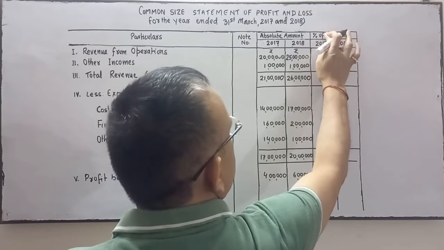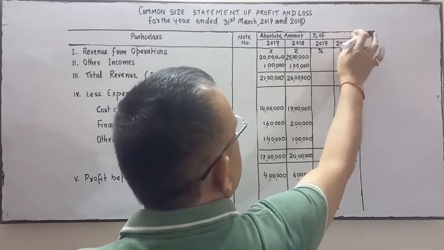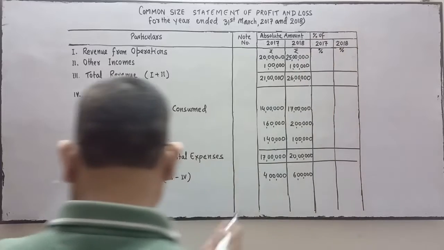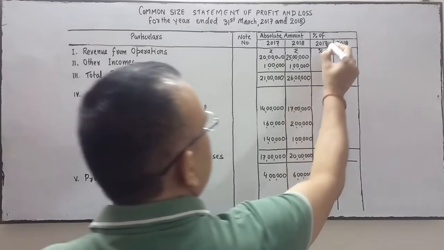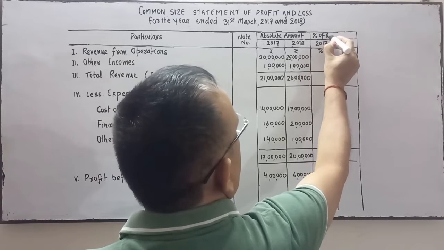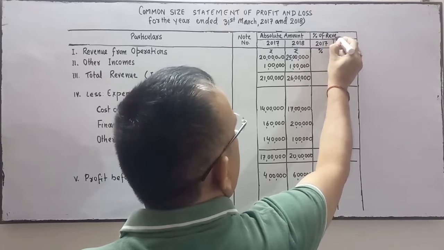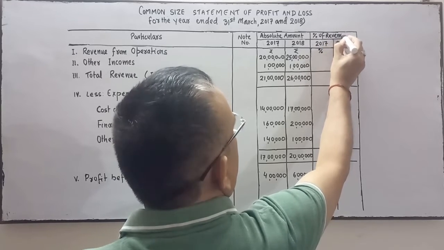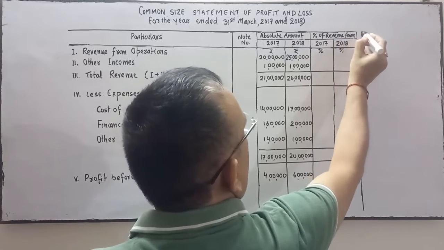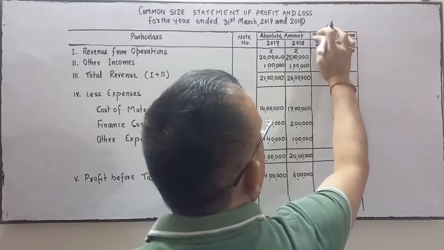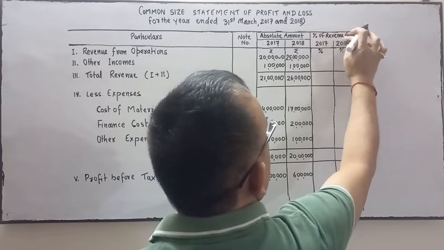Here, instead of percentage of balance sheet, we will write percentage of revenue from operation. Is it clear?